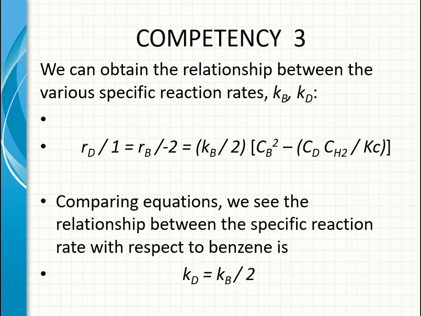And if we compare these equations, we see that the relationship between the specific reaction rate with respect to benzene is that the rate constant Kd is equal to the rate constant Kb divided by 2.